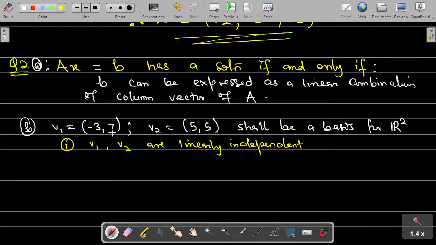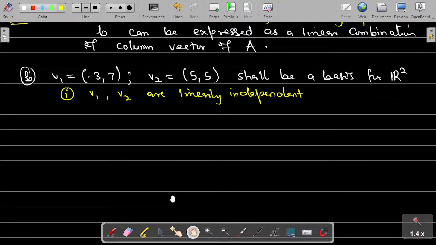That means for their linear combination to be equal to 0, your scalars must only be 0. Let me quickly show you what it means to be linearly independent. You're saying that for c1 v1 plus c2 v2 to be equal to 0, 0, my c1 and c2 must also be 0.